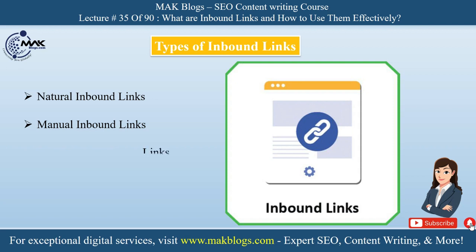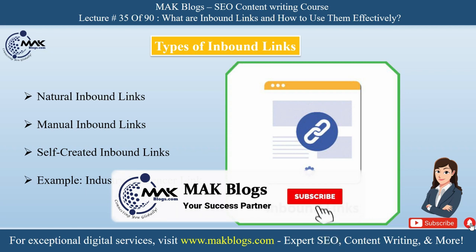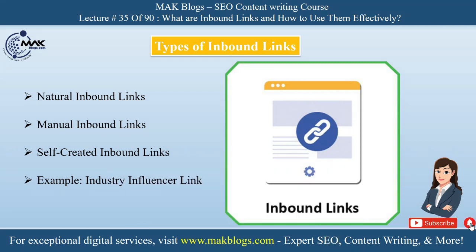Next, we have self-created inbound links. Links you create yourself, such as in guest blog posts or forum comments. But be cautious with these. Let's say you wrote an informative article on a niche topic and an industry influencer naturally linked to it in one of their articles. That's a natural inbound link.